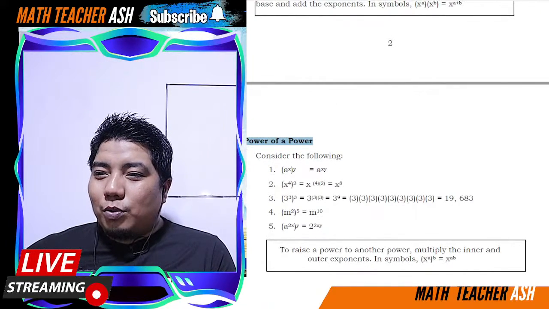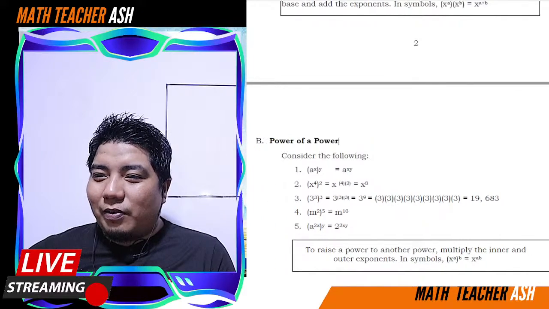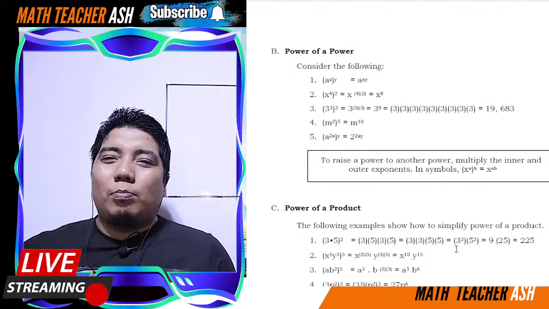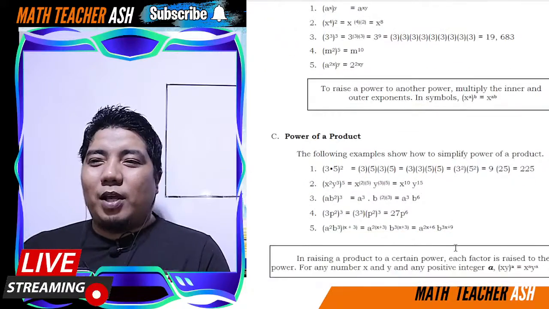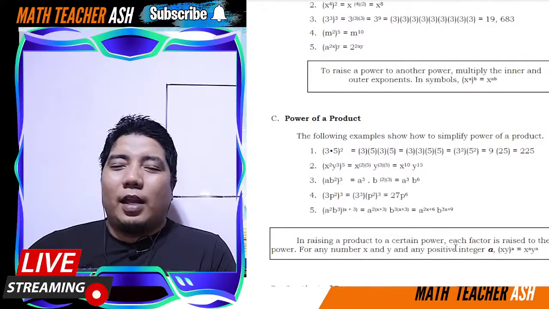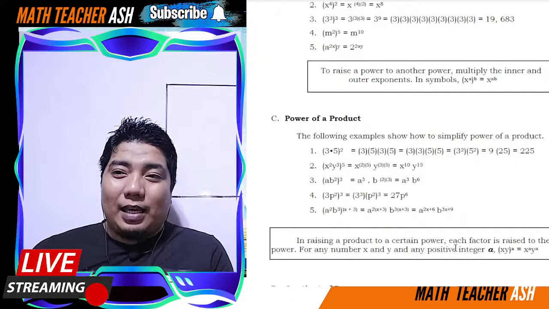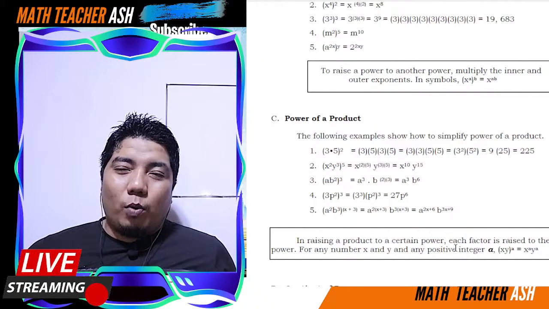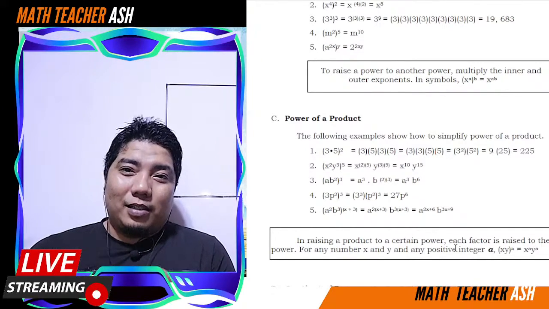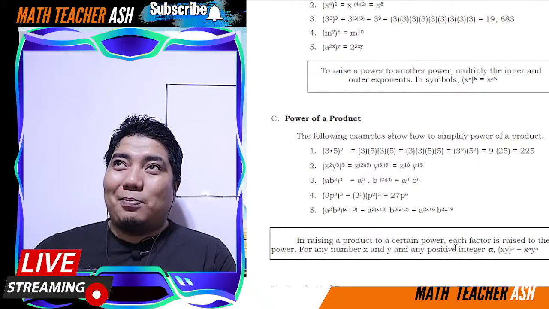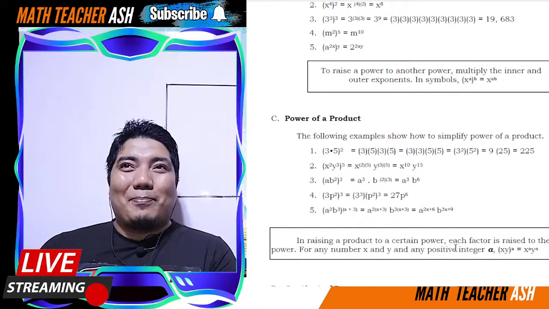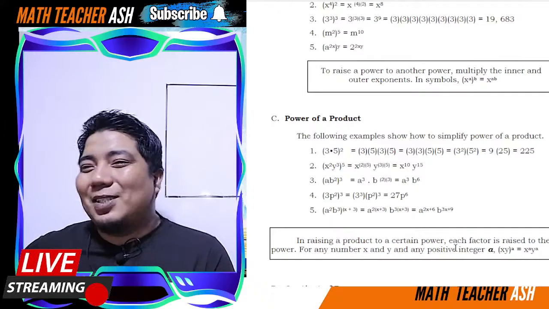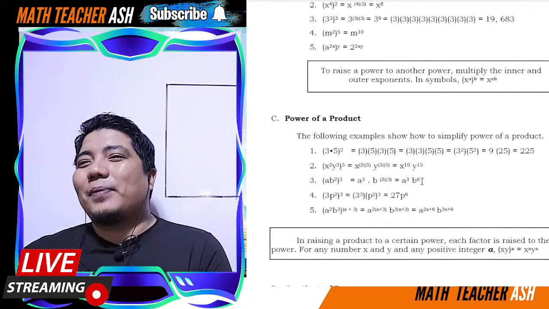When you combine the two laws, sorry for that, you have the power of a product rule, or law. Now, ang gagawin mo dito is basically isosolve mo siya using the property of distribution. Okay? So, how do we do that, my dear math learners?